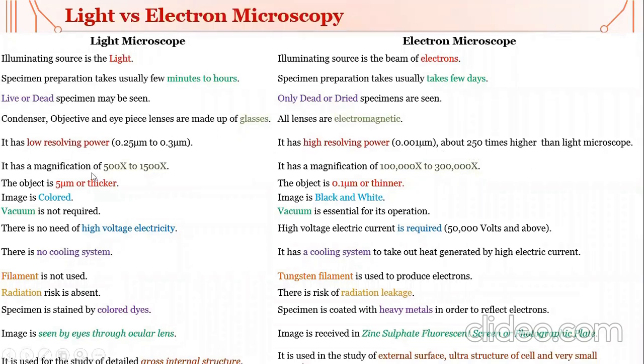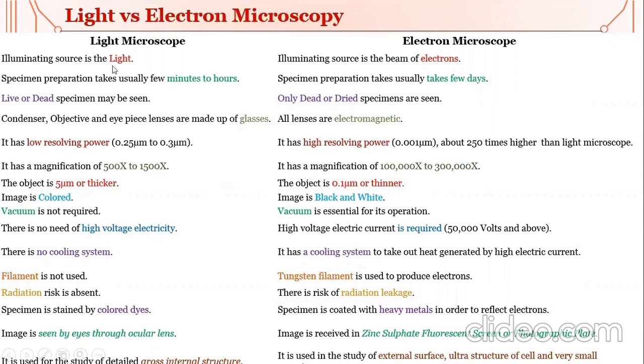It has a magnification of 500x and 1 to 1500x, but in the electron microscope the magnification is 100,000x or 300,000x. So there is a huge difference between the light and electron microscope in magnification as well as in resolving power. The object is 5 micrometers thick, but here the object is 0.1 micrometer or thinner.